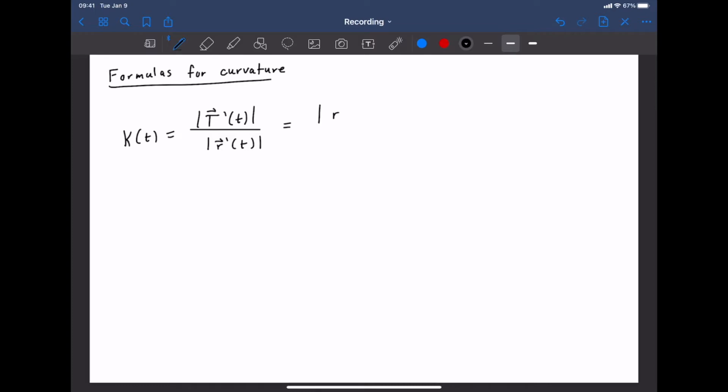You're going to take the magnitude of the cross product of r prime of t cross r double prime of t, the second derivative, and divide all that by the magnitude of r prime of t cubed.